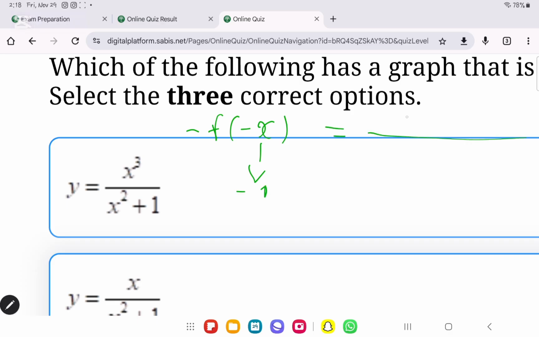So it's going to be minus, minus 1 to the power of 3 over minus 1 to the power of 2 plus 1. If you do it on your calculator, you're going to get negative 1 over 2. But we did not finish yet.